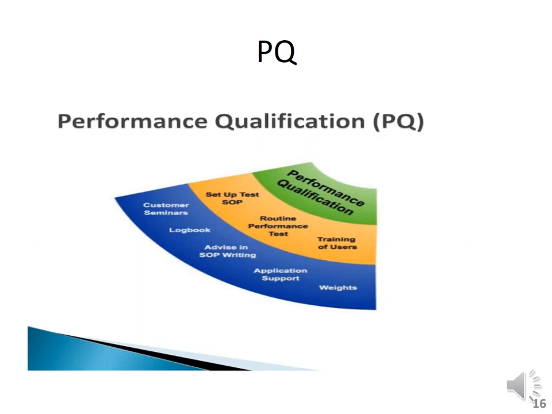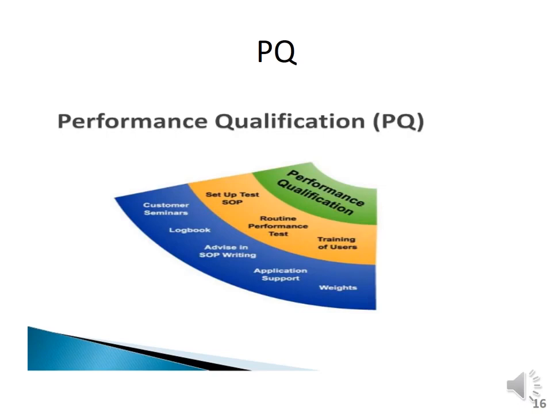This is the part of the pie chart which is guiding us towards the performance qualification. In the center you can see the performance qualification, in the first circle, and in the second circle you can see the setup, test, SOP, standard operating procedures, right? So whatsoever the setup for the performance qualification, the standard operating procedure is, you have to check it out.